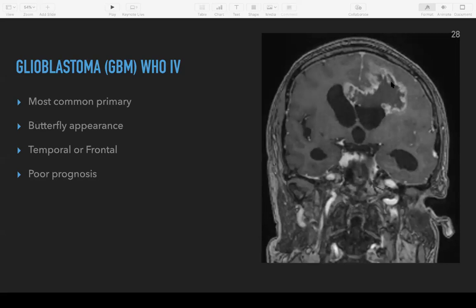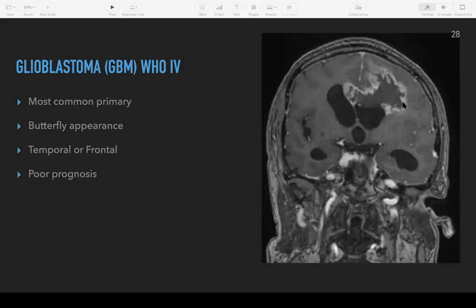This lesion goes through the corpus callosum, which makes a connection between the two hemispheres, to the contralateral side, the other side. Unfortunately, this is a very bad sign, and it makes total resection of the tumor impossible.